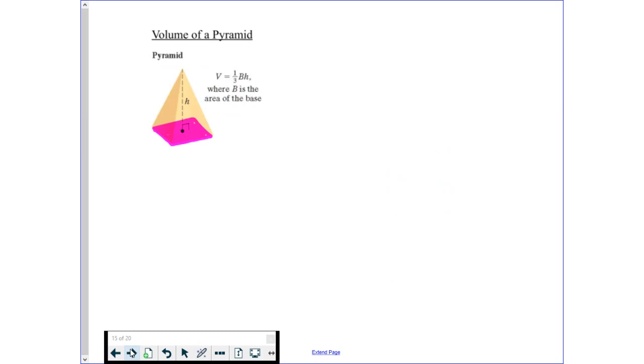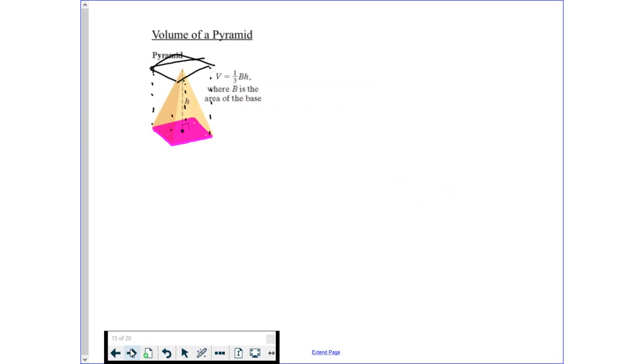Okay, that is what B is, the base. So the base times the height will give you the volume of the rectangular figure. If you extend this, you'll get a rectangular figure here. So the pyramid is 1/3 of that rectangular figure.